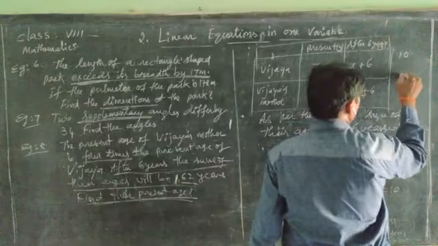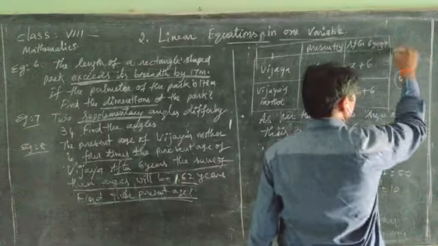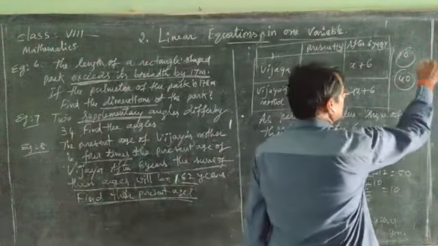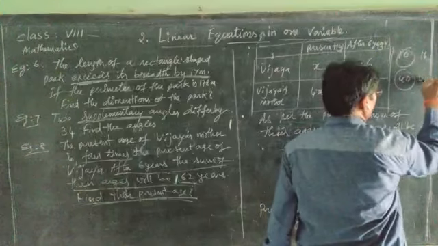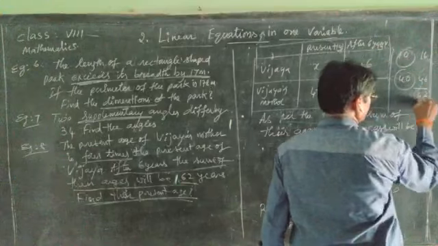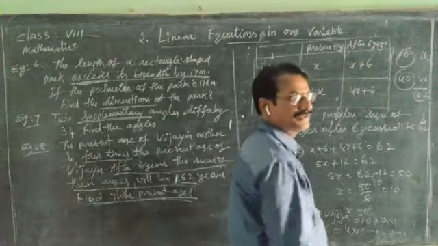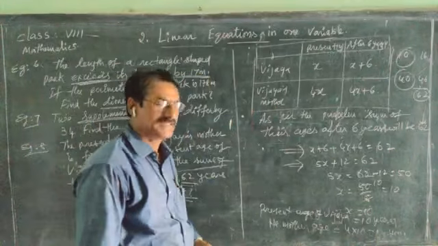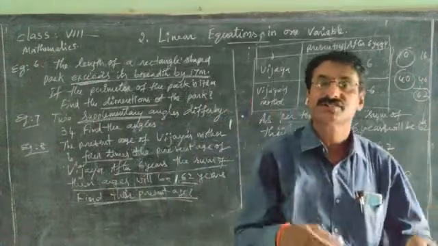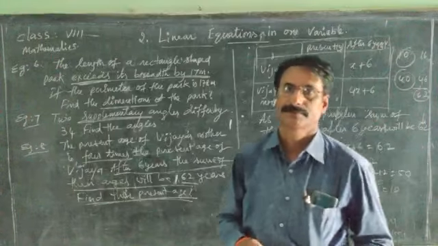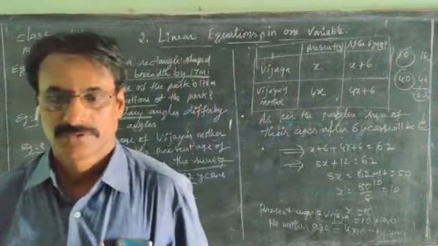After 6 years, their ages are 16 and 46. Sum of them is 62. So those are right. We can solve any situational sums like this, and they are called applications. Okay? Very good.